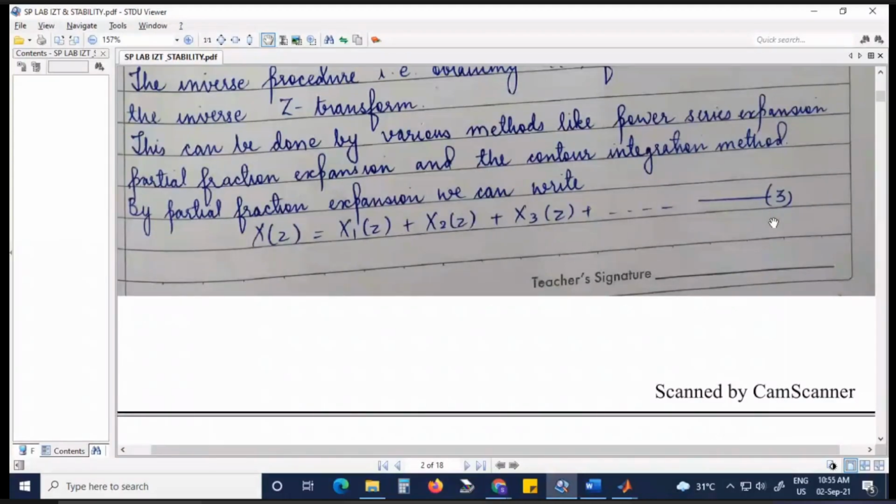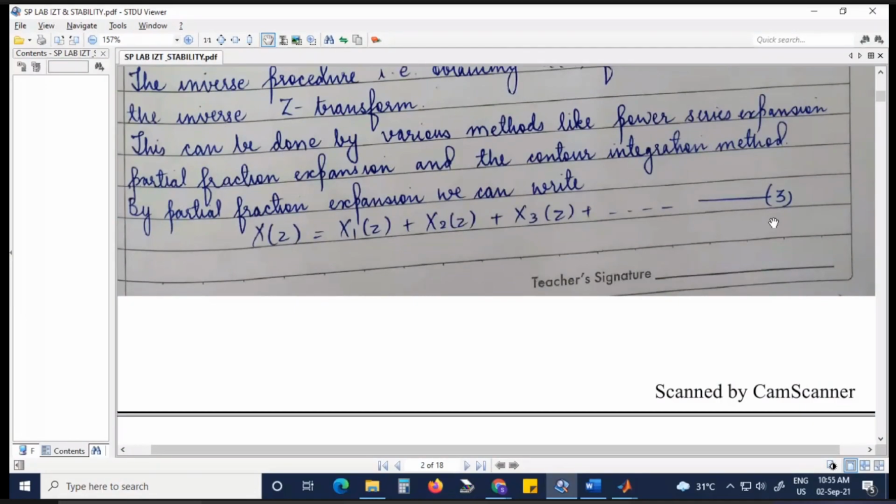In that case, its inverse Z transform is a to the power n u(n), or minus a to the power n u(minus n minus 1).